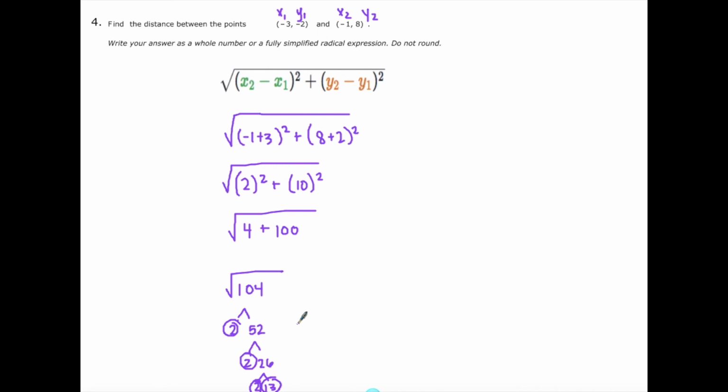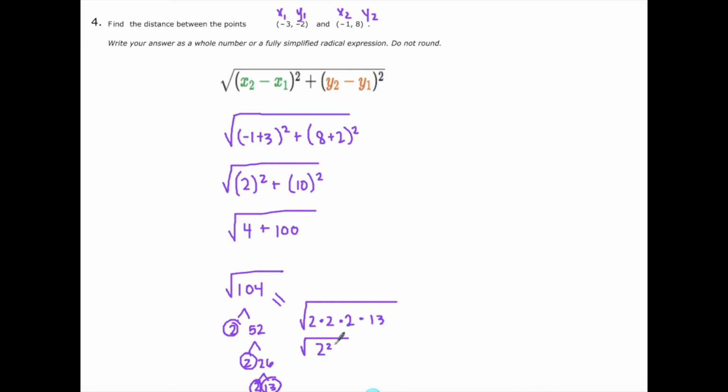So if we wanted to simplify, instead of the square root of 104, that is the same thing as the square root of 2 times 2 times 2 times 13. And we have these 2 times 2, which makes it the square root of 2 squared, or 4.